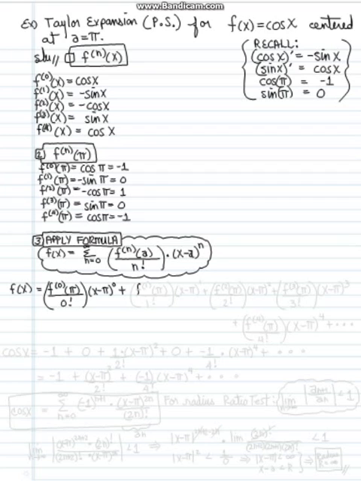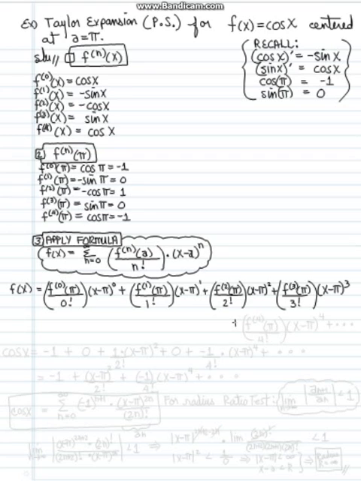Plus, now we let n equal 1, the first derivative evaluated at pi over 1 factorial, that's the coefficient, times x minus pi to the first power, plus the next one, let n equal 2, the second derivative evaluated at pi over 2 factorial times x minus pi to the second power, plus the third derivative at pi over 3 factorial times x minus pi to the third power.